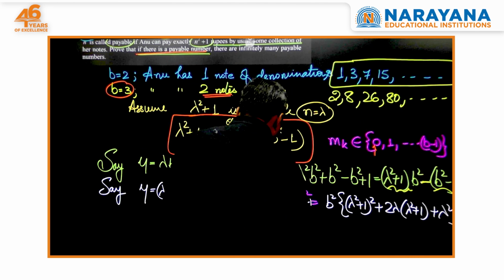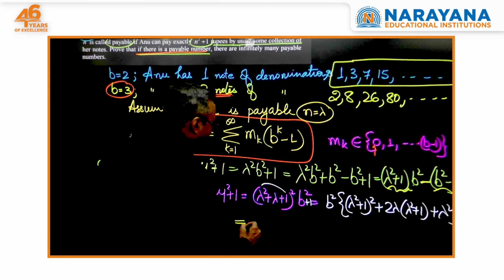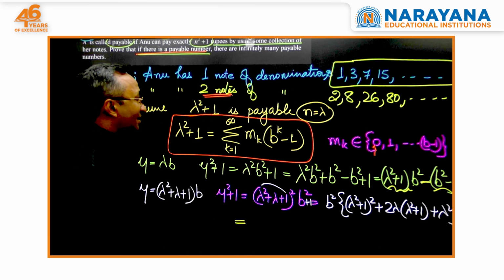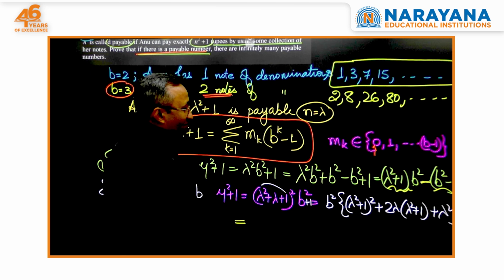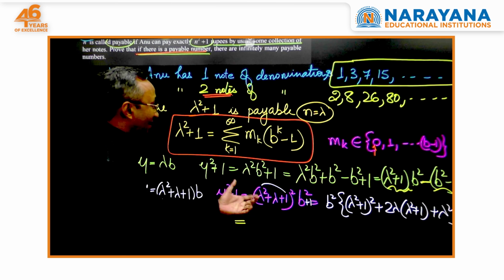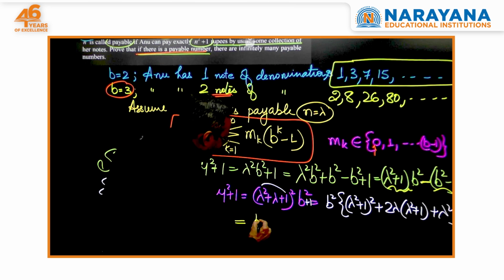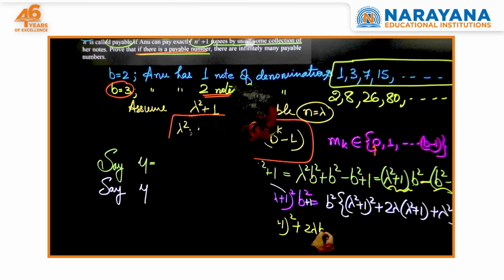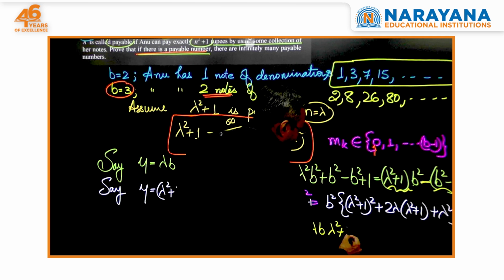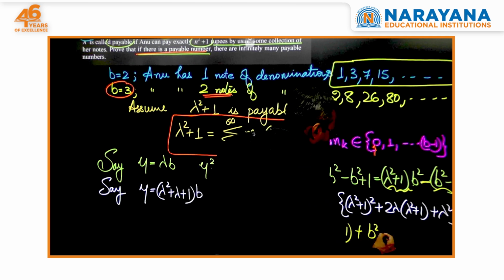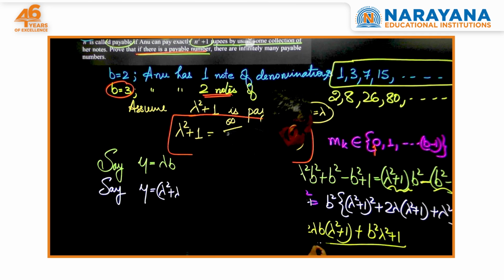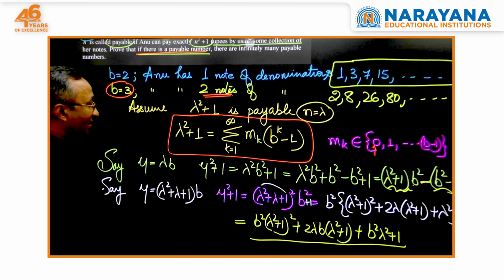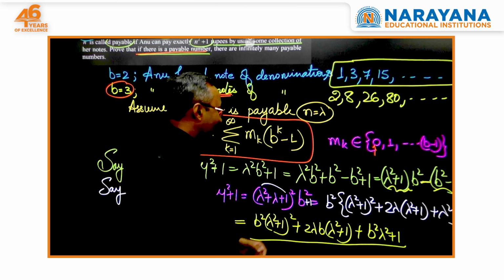And when you realize, this basically is not that difficult to digest, that I can take out lambda square plus 1 from that value and proceed and then show that b square times lambda square plus 1 whole square plus 2 lambda b times lambda square plus 1 plus b square lambda square plus 1. Once again, a plus b square and a minus b square, because you have to write mu square plus 1. So, yeah, we have done correctly.